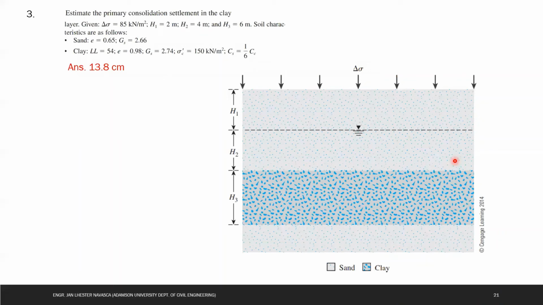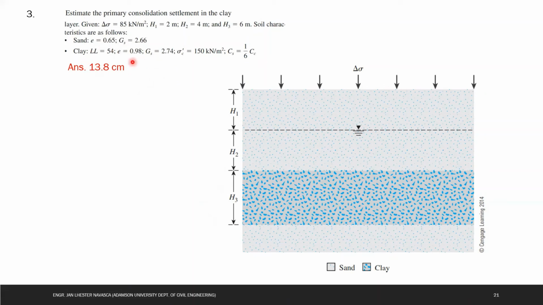And last, for your homework 1, estimate the primary consolidation in the clay layer given by this soil profile, where H1 is equal to 2 meters, H2 is 4 meters, and H3 is 6 meters. Given the soil properties of sand and the soil properties of clay.